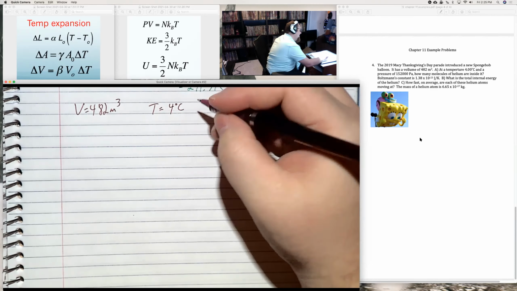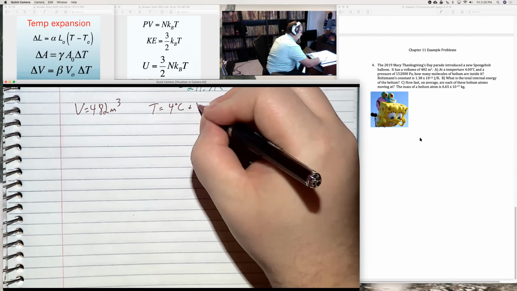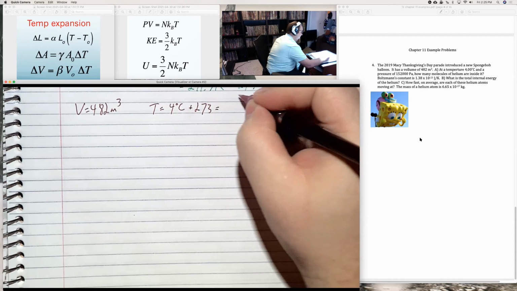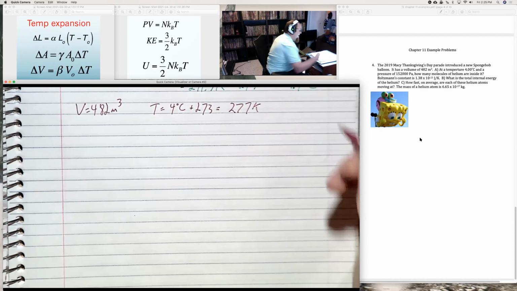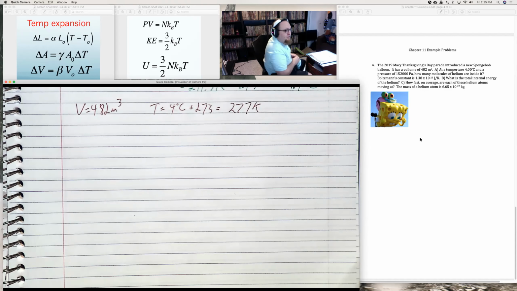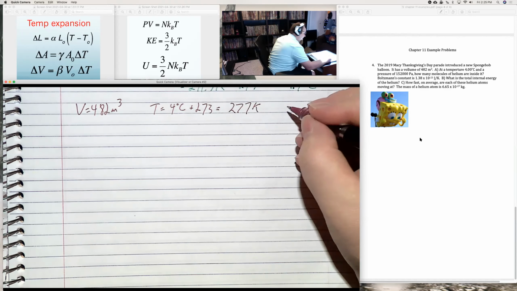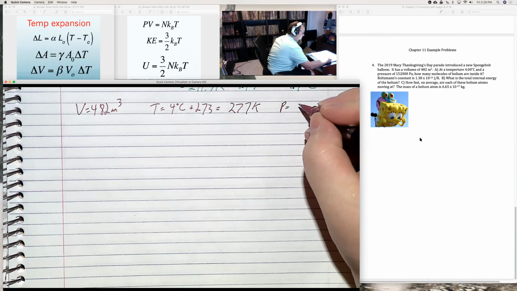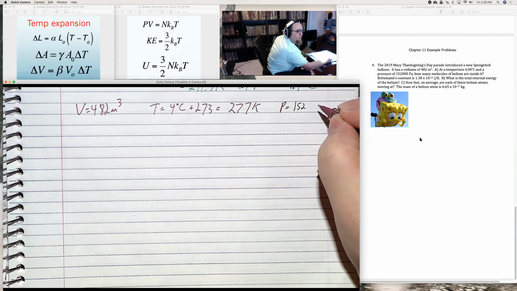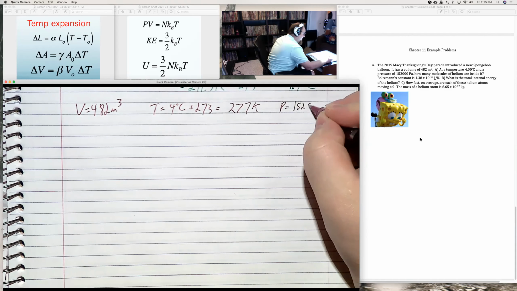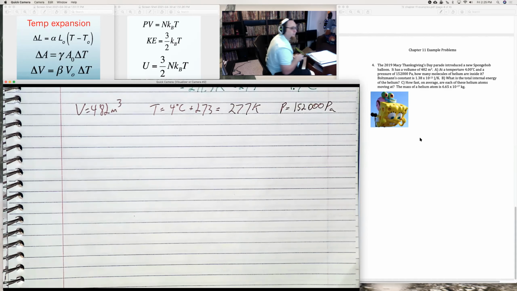Which, 4 degrees Celsius, I don't want to work in Celsius, I'm going to convert to Kelvin. So at a temperature of 277 degrees Kelvin, at a pressure of 152,000 pascals, how many molecules of helium are inside of it?